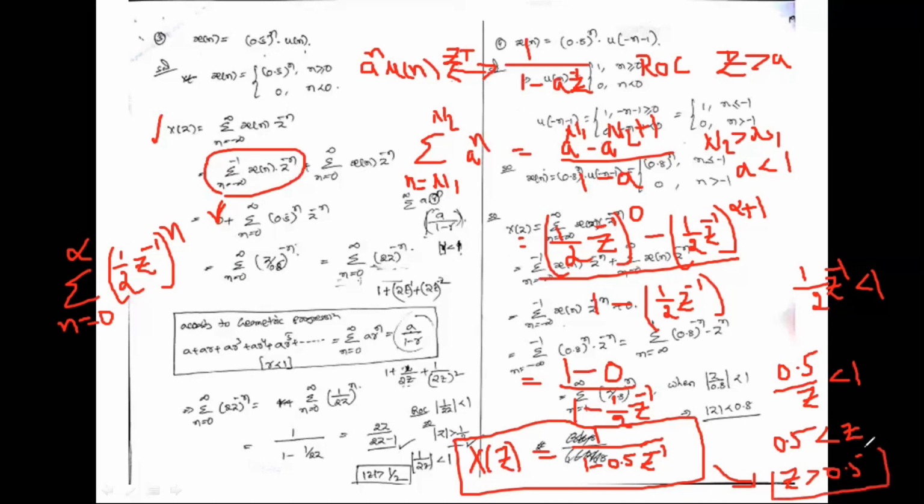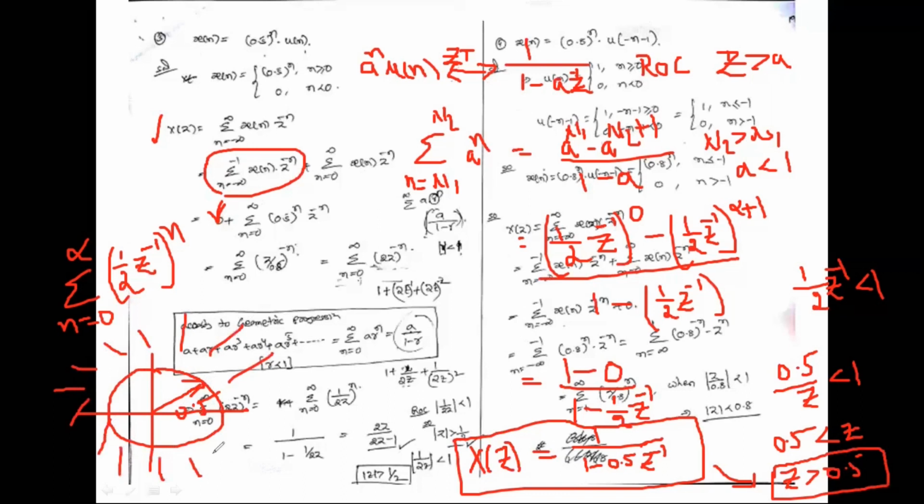Okay, z is greater than a, nothing but 0.5. The ROC is outside the circle with radius 0.5. This is totally outside the circle of 0.5, the region of convergence. For all values greater than the 0.5 circle, X(z) exists.